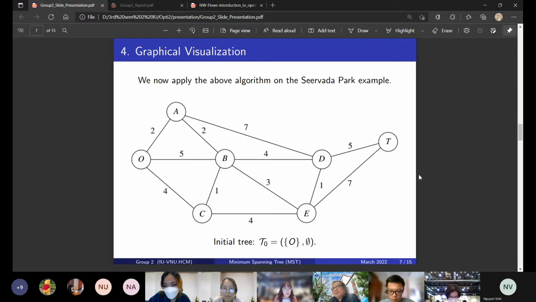My name is Jeremy, and now I will show you how to construct the minimum spanning tree for telephone lines in the Sivadar park as an example for you to understand clearly.